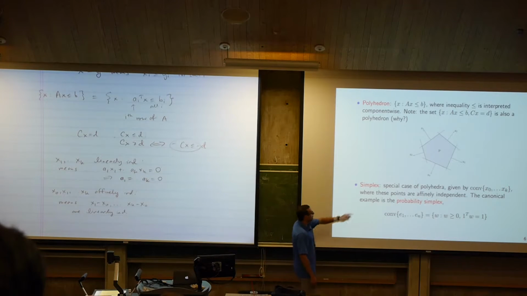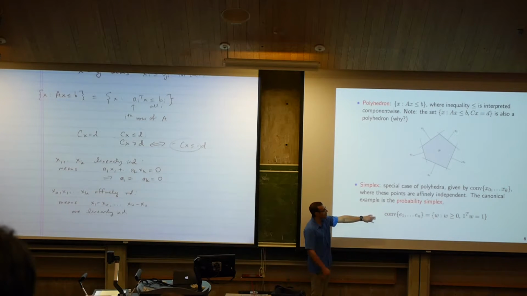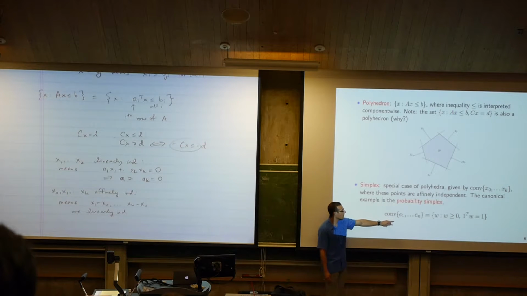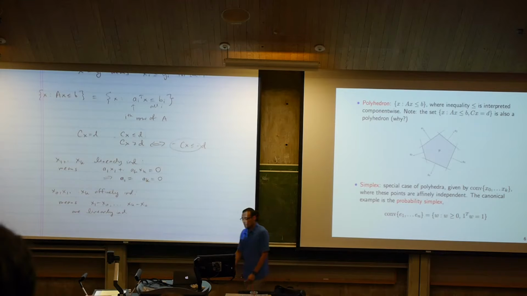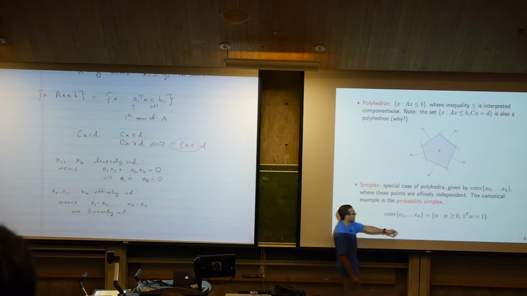Okay, so that's what a simplex is, and the most common example of a simplex is the probability simplex. It's given by the convex hull of the standard basis vectors in Rn. It's called the probability simplex because it's the set of all vectors w that are non-negative in every component.